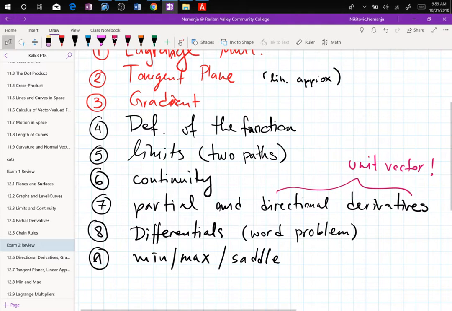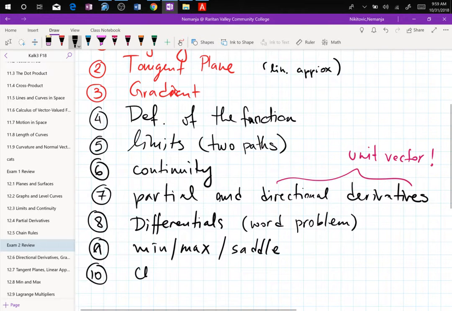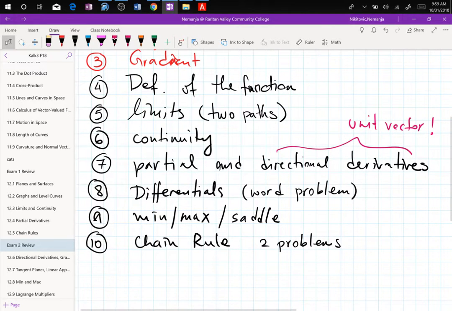And that covers, oh, I forgot the chain rule. Hold on. Number 10, chain rule. And the chain rule will have 2 problems. Something with not that many variables, so that we can have a quick calculation, and then something where you just do the tree.